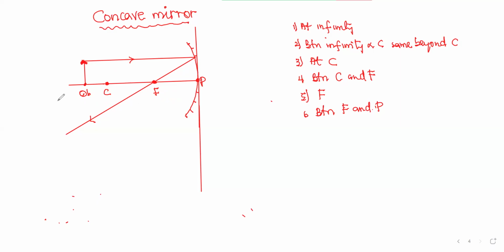Good. The second rule, I want to change the color. So a ray of light passing through F, after reflection, the reflected ray must be parallel to the principal axis.